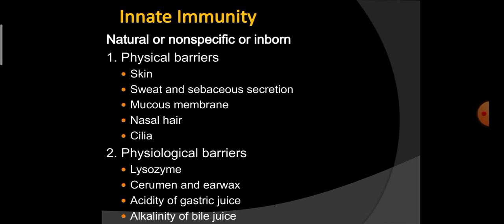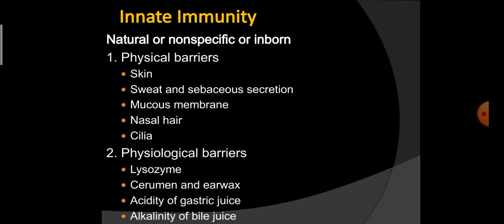The nasal hair traps the dust and the pathogens present inside the dust from entering into the respiratory tract. Then we have cilia. Cilia is present throughout the windpipe to trap the bacteria. In the windpipe, I told there is mucus also present. So, along with the mucus and the continuous movement of cilia, it sweeps away all the pathogens.